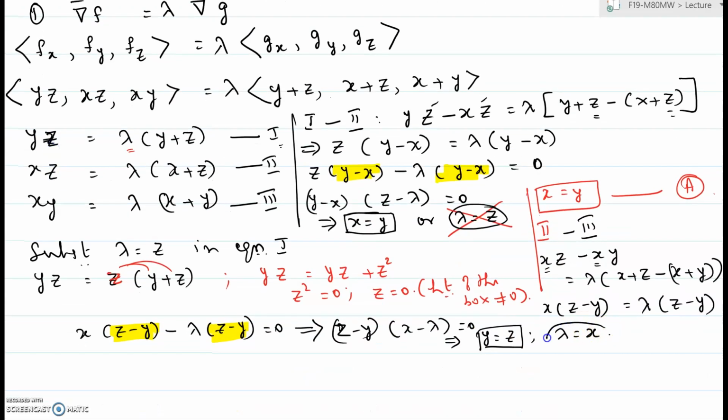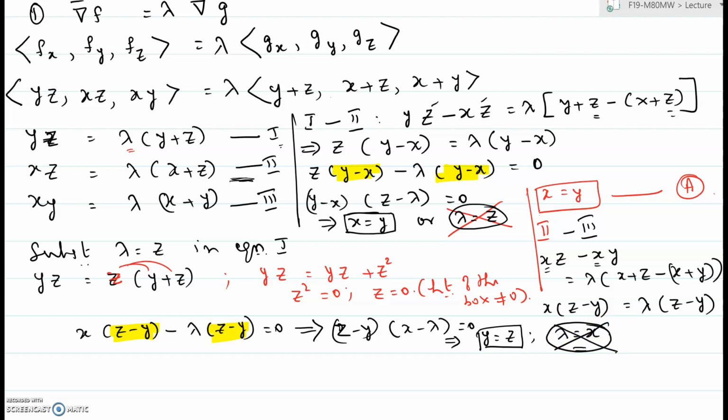As we did before, like lambda equal to z was eliminated, when we substitute lambda equal to x into equation 2, we will get a result x square equal to 0. That would mean x equal to 0, which is not possible.